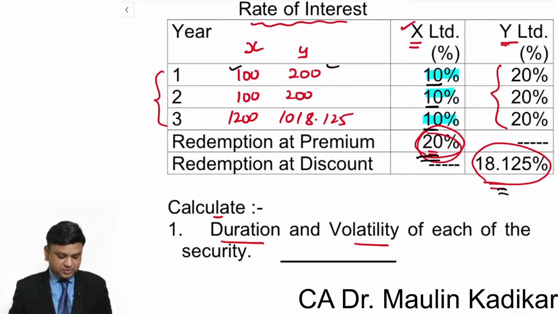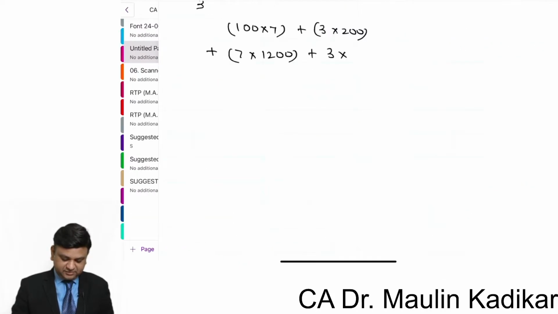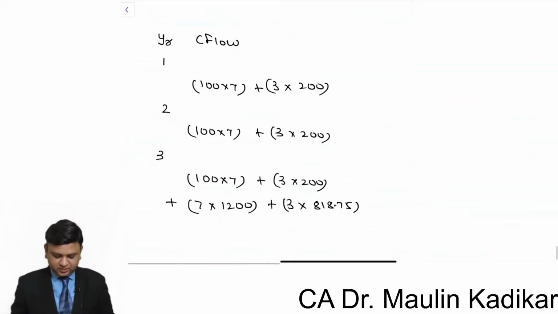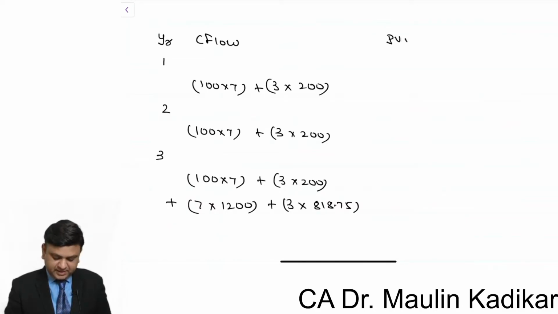So in that case it is 1000 minus 18.125%, so 818.75. That is the way we are required to make the computation of the cash flow. It will be discounted by applying the present value factor at 25%. We'll compute the present value, its proportion, and with that we can compute the duration of the portfolio.